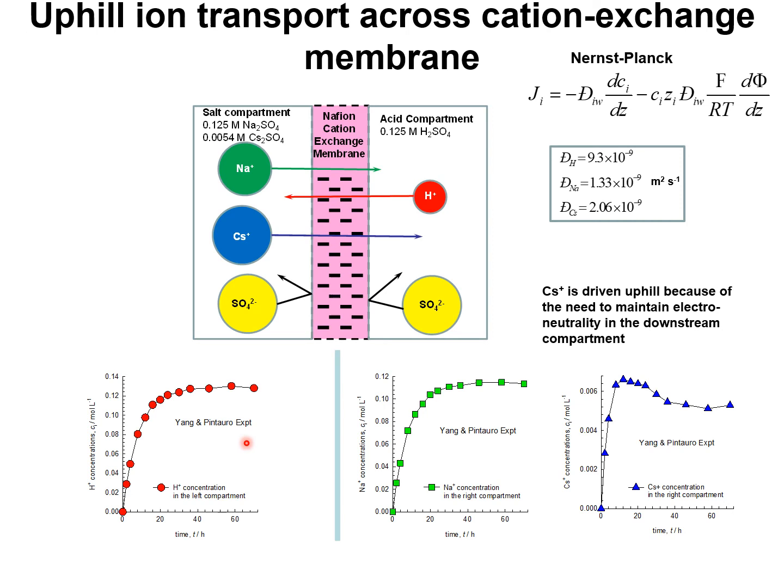Yang and Pintaro report a set of experiments for transient diffusion of ions across a cation exchange membrane. The system consists of two compartments, a salt compartment on the left side and an acid compartment on the right side of the Nafion cation exchange membrane.